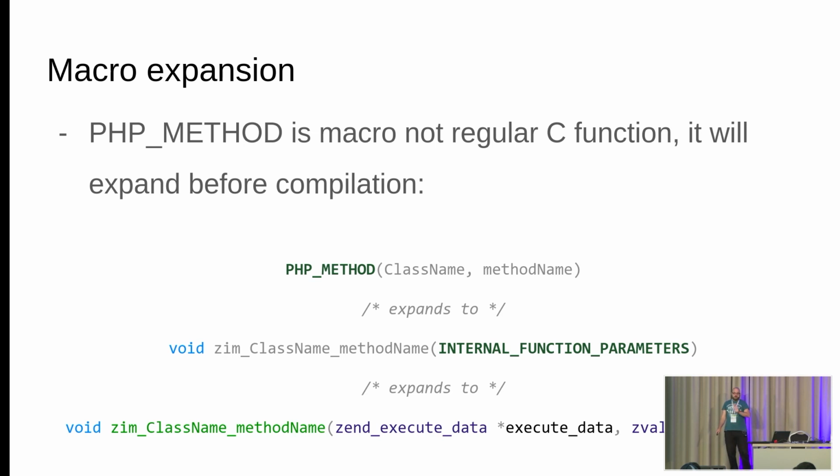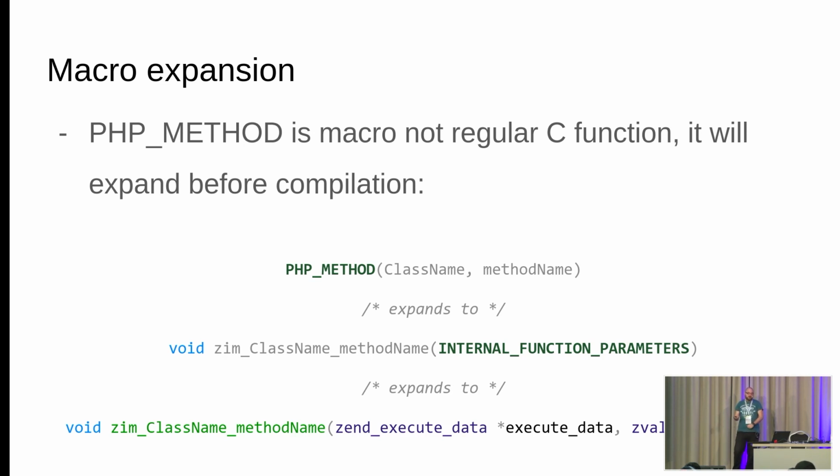And I was talking about the macro expansions. So now we can see what is the real signature of PHP_METHOD(class_name, method_name). This will simply expand to ZEND_METHOD(class_name, method_name), and again there is just another macro inside it, so it must be expanded again.